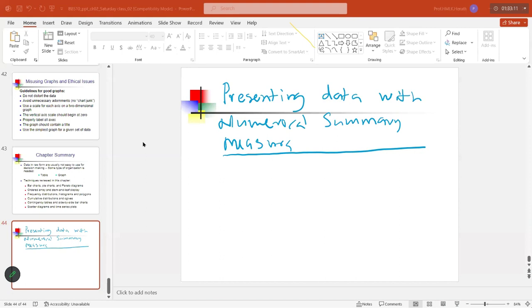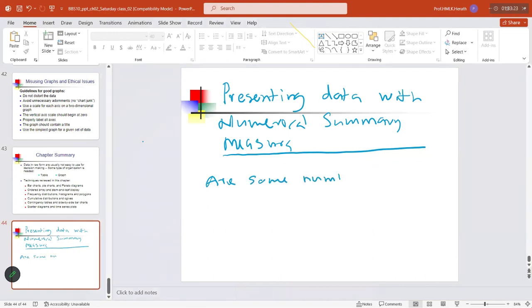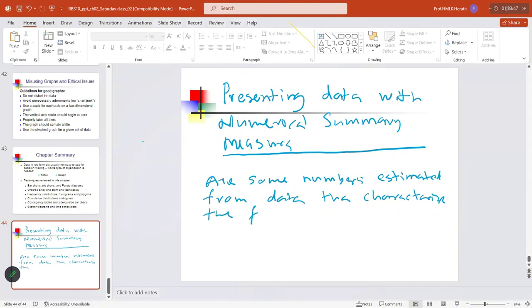These are some numbers estimated from data that characterize the features of data.